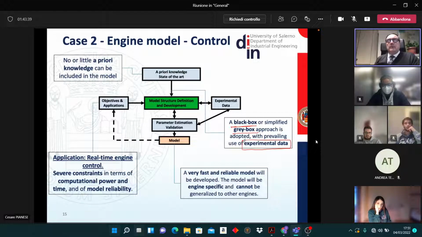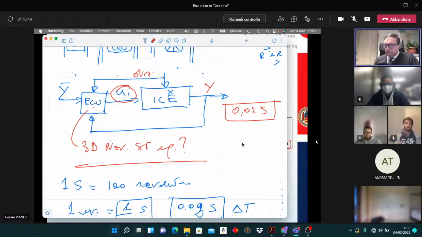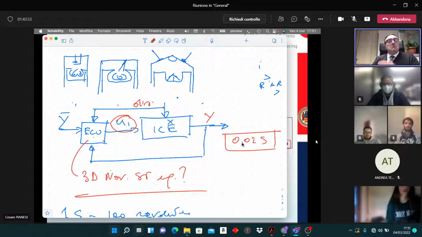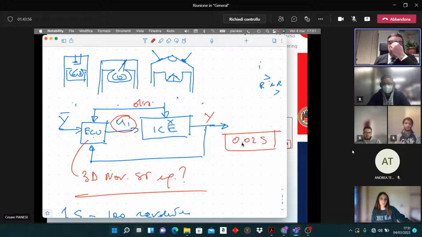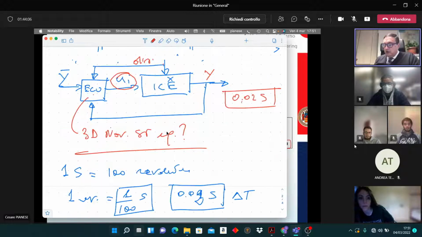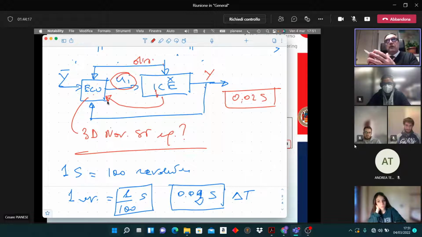For example, if you are developing a control unit for, let's say, a Fiat Panda, you cannot use the same model for a Ferrari or for a truck, because the performance of the engine are completely different, and the knowledge taken from experiments and which is put in the ECU, electronic control unit, to the control model, model-based control or whatever, experimental maps and so on, are completely different.